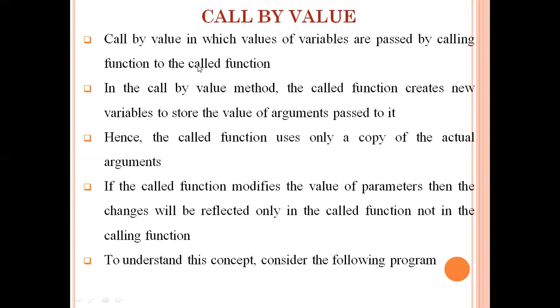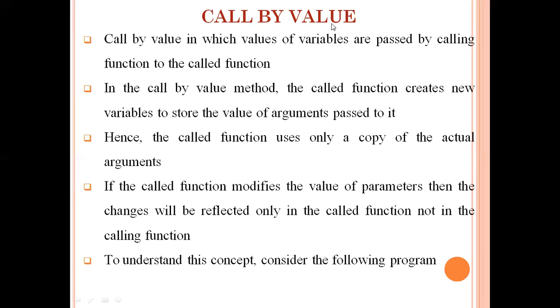Call by value is a method in which values of variables are passed by the calling function to the called function. As the name implies, look at the term value.